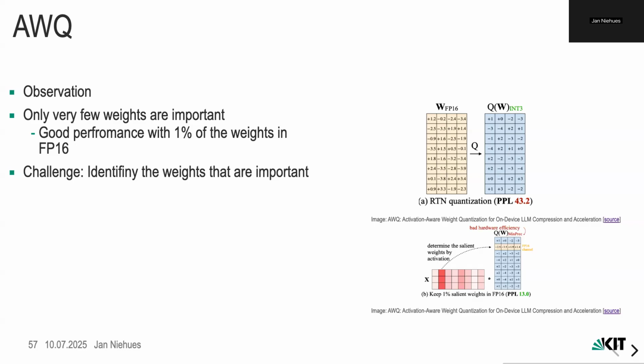How we identify them, we'll see soon, but when you keep just 1% of all the parameters in the original precision, your perplexity goes from 43 to 30. So it's a lot better. Just 1% of your parameters you don't quantize, but keep the full representation. So then, of course, the first question is, how can you find these important weights?